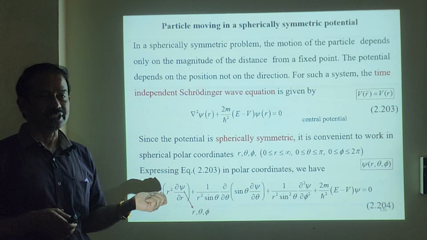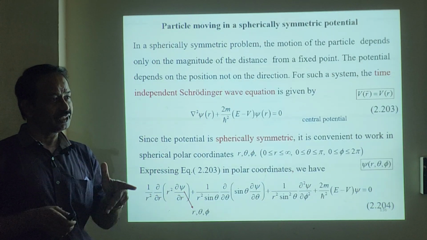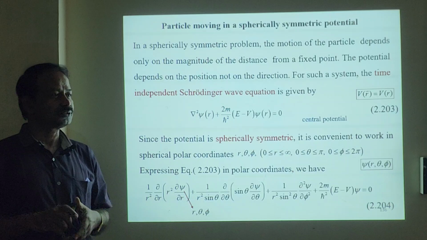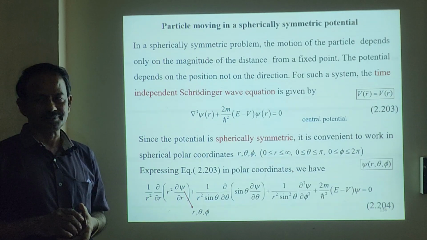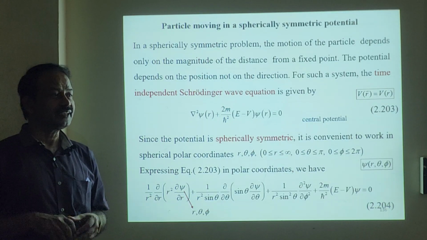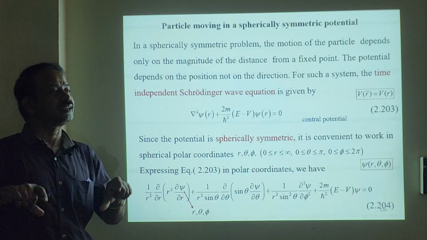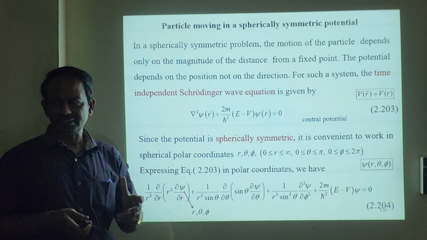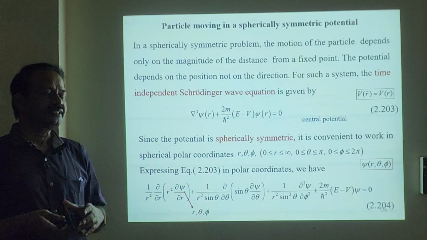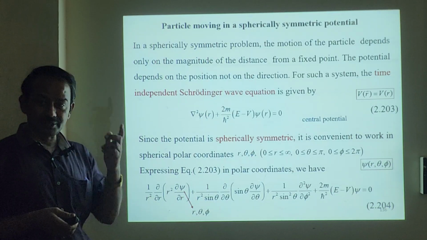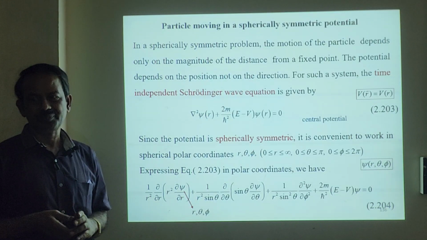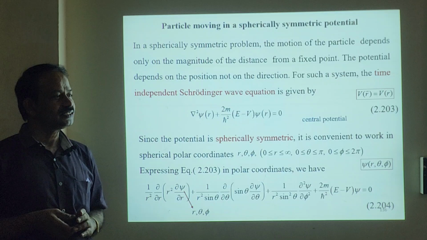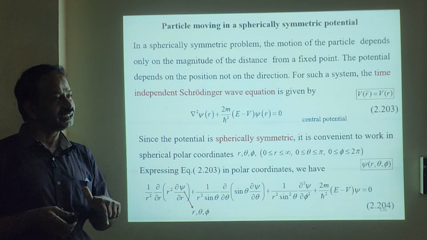Whenever we go to three dimensions, we will have to use three coordinates, so it's very difficult to solve a three-coordinate system. So the idea is we are going to separate all three coordinates using separation of variables. That's the technique we are going to use. We already used the separation of variables technique in Unit 1 to derive Schrodinger's time dependent equation and time independent equation.